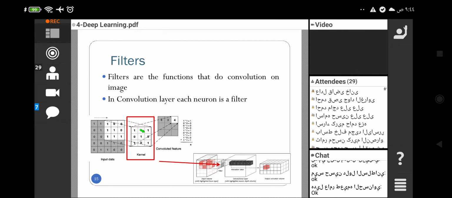They are learned. Do you remember we talked about learning in the multi-layer perceptron, and we said that each neuron has some inputs and some weights. In the convolution layer, the weights are the numbers inside these kernels, and these kernels are learned. Do you understand this? I talked about this in the previous session.